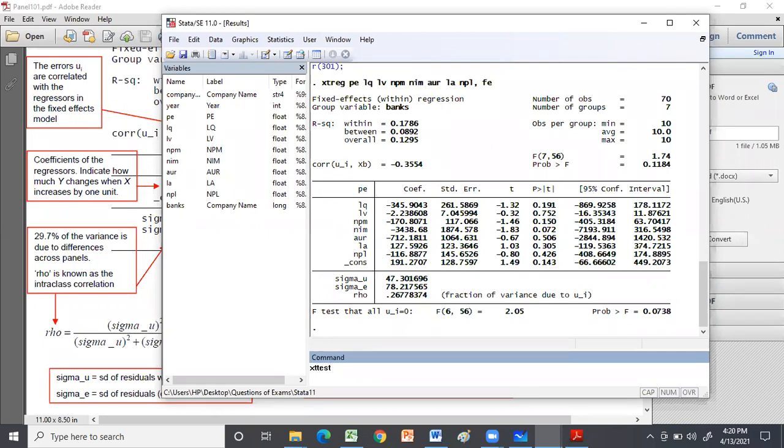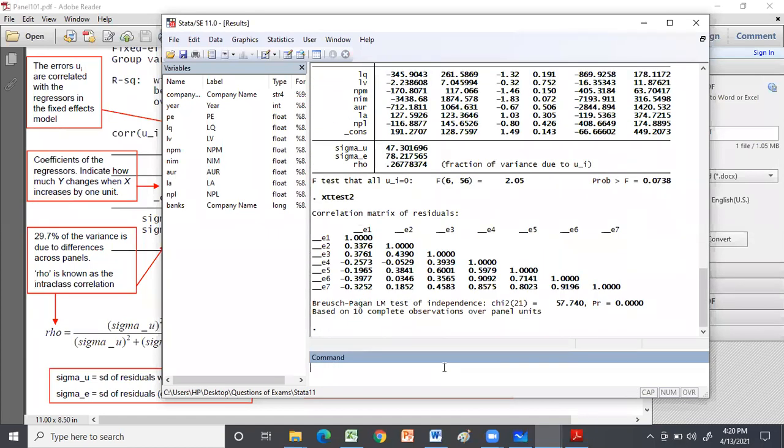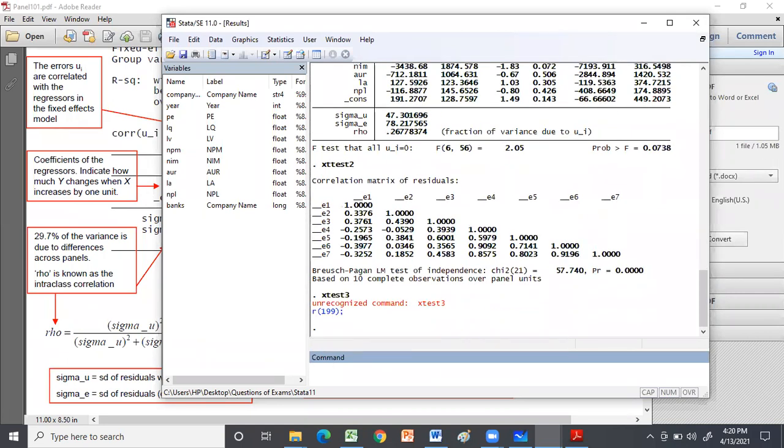Test 2. Sorry, not XT test 2, XT test 3 প্রথমে, তারপরে 2 বলবো আমি। স্যার এখন কোনটা?